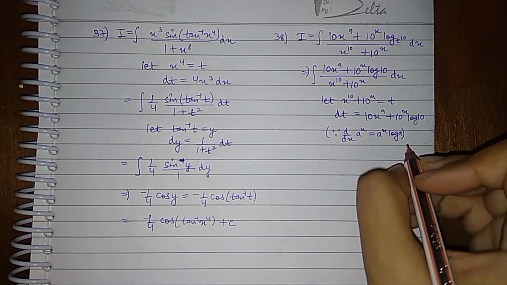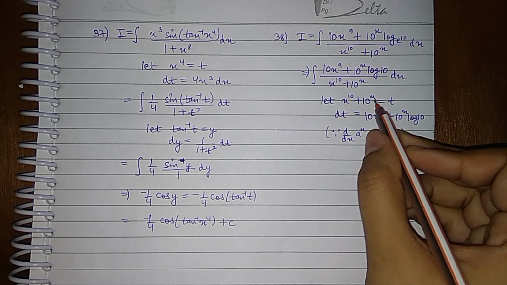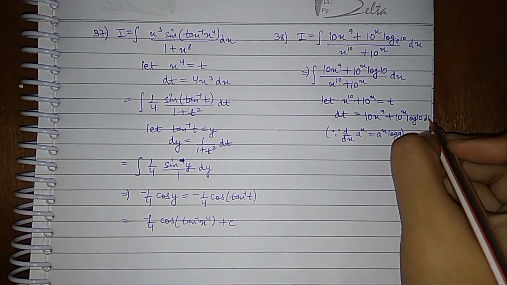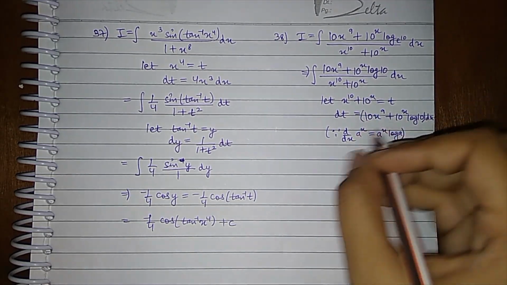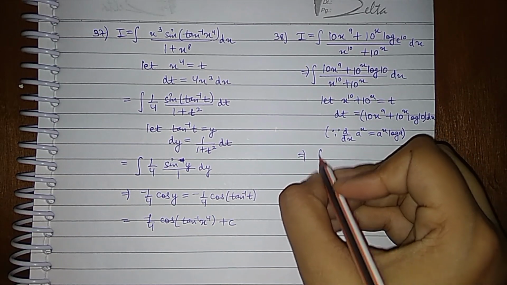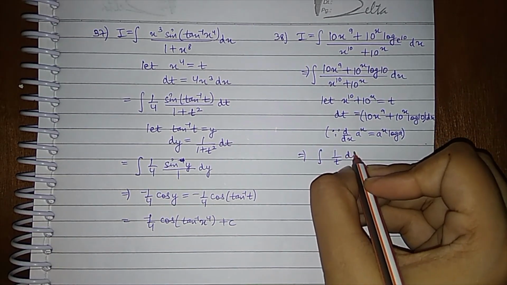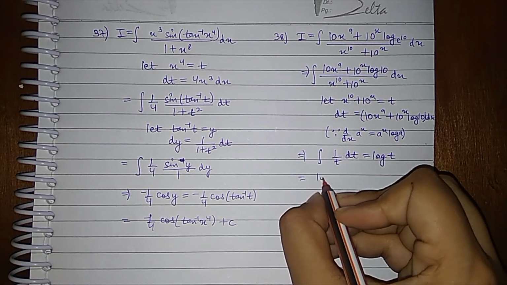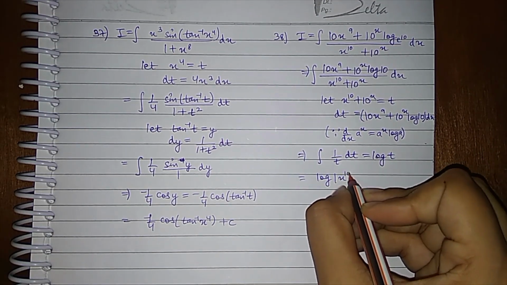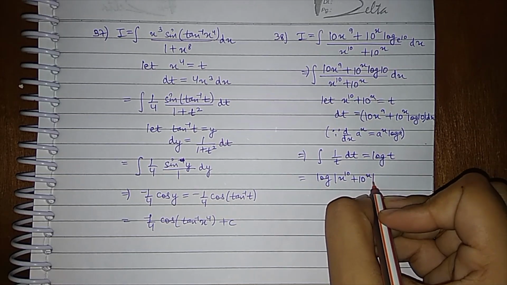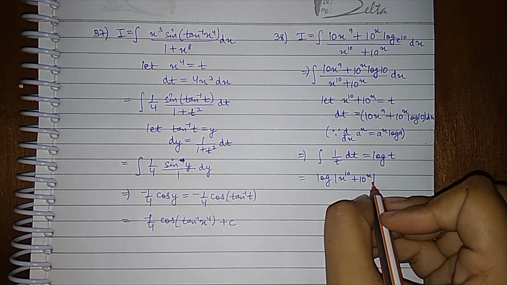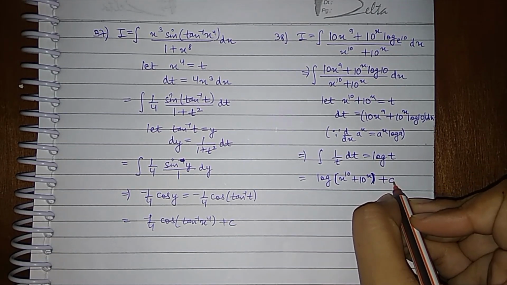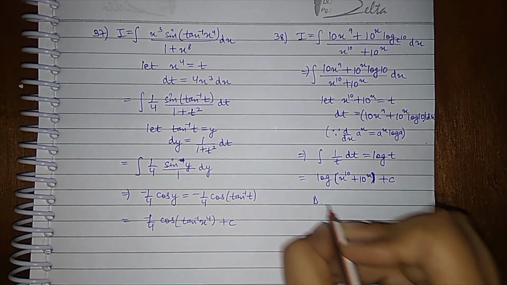This is the formula we have used here with 10 to the power x dx. So now simply putting the value, we get 1 upon t dt, which is log of t, log of x to the power 10 plus 10 to the power x plus c. So answer D is correct.